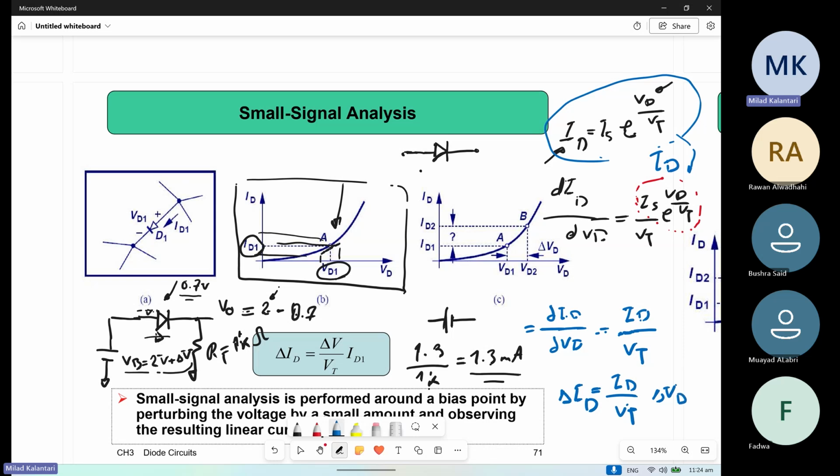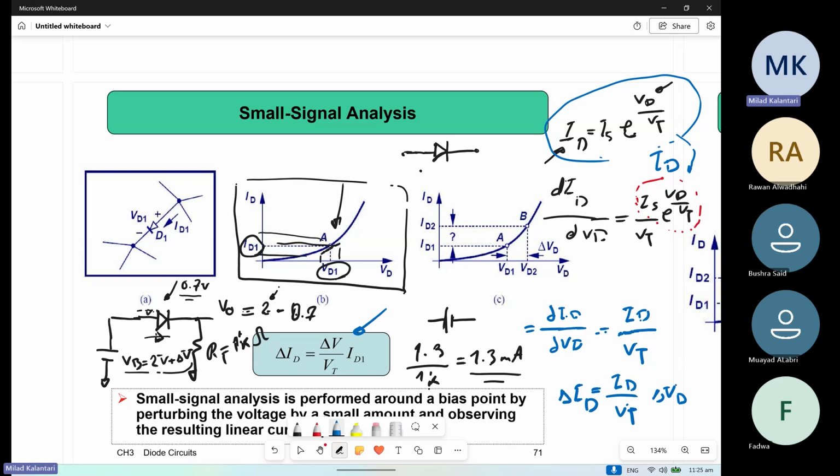Other way. So can you tell what this is trying to say? Any idea? So the diode is biased at a certain region, right?